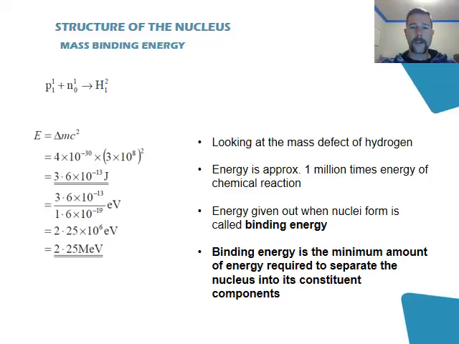Now, using the equation E equals mc squared, we notice that even the smallest amount of mass lost or gained, which is what we're talking about when we're talking about nucleons, produces an amount of energy in the order of 1 million times that of a chemical reaction.